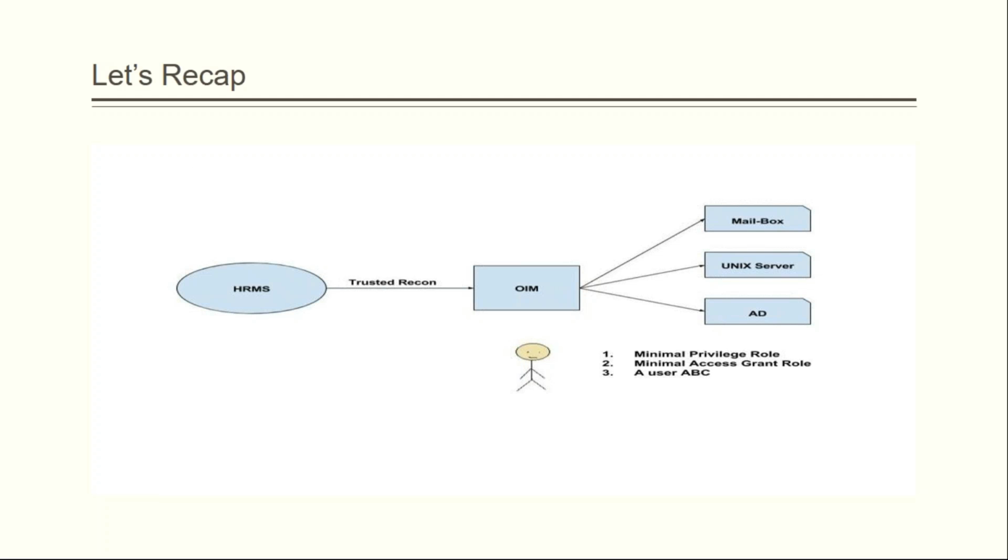So far I have created a minimal privileges role. Now I have a user ABC, and that user has been assigned to the minimal privileges role, and there is an access policy, the minimal access grant policy, which is helping OIM automate the process of provisioning or deprovisioning.